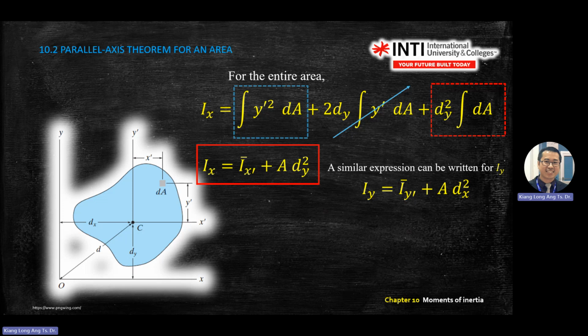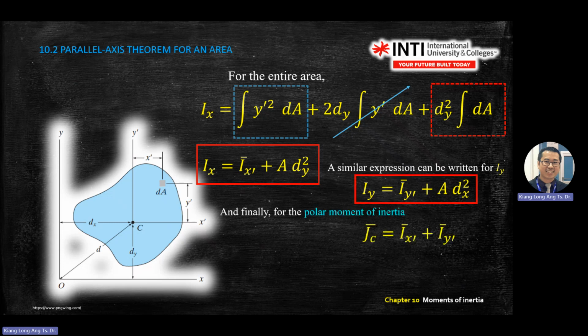Plus, this one is A d squared, dy squared. So x, you're referring to y. Okay, this is the distance from the x-axis. Then polar moment, again, polar moment is this one plus this one.